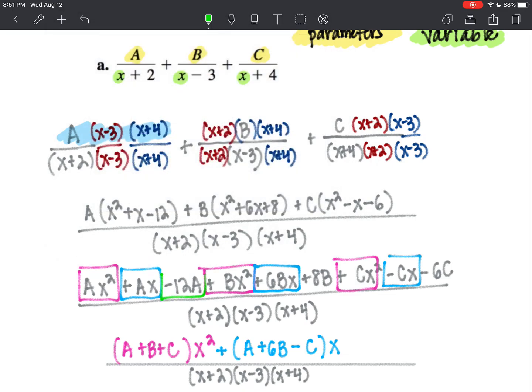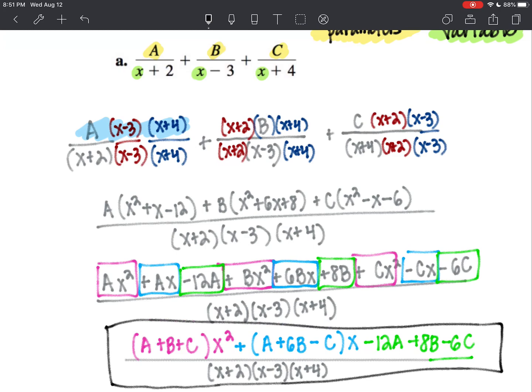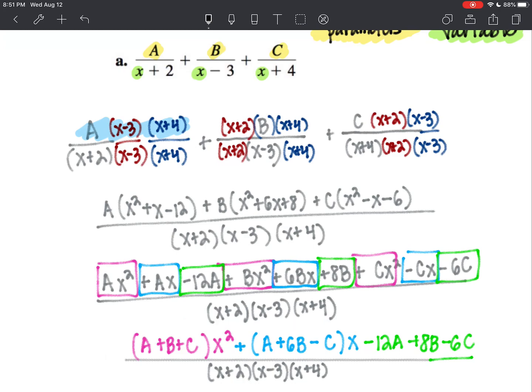And then we've got our constants, negative 12a, 8b, and negative 6c. So minus 12a plus 8b minus 6c. And that's our answer. I thought it was going to make a beautiful, perfect square rectangle.